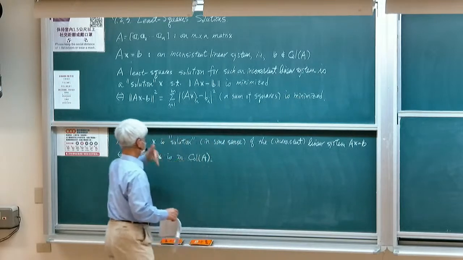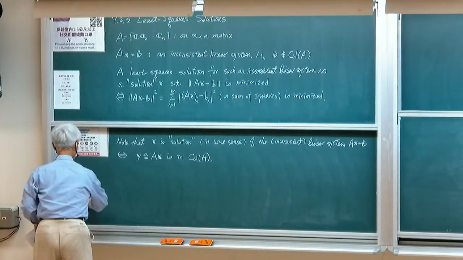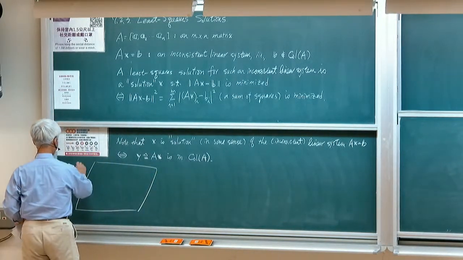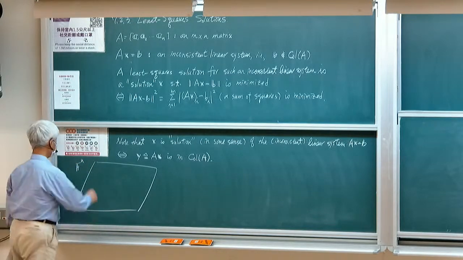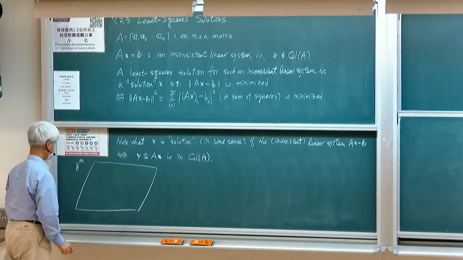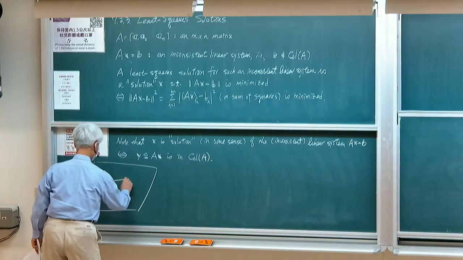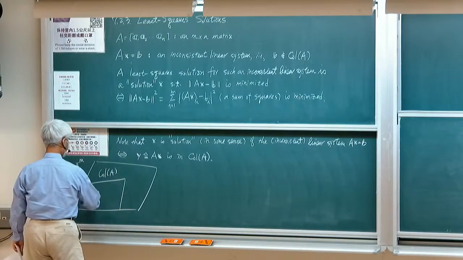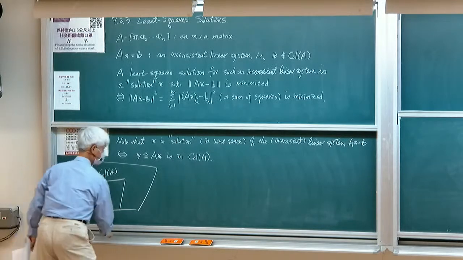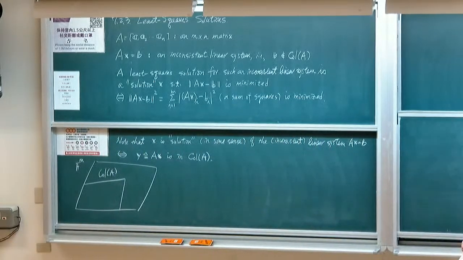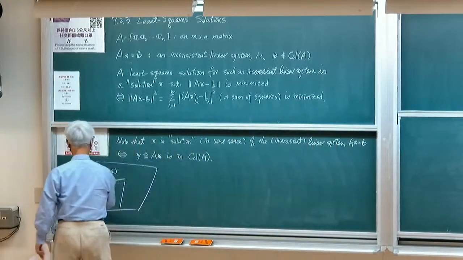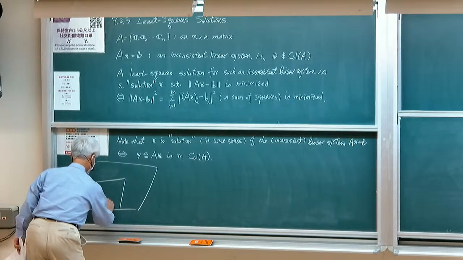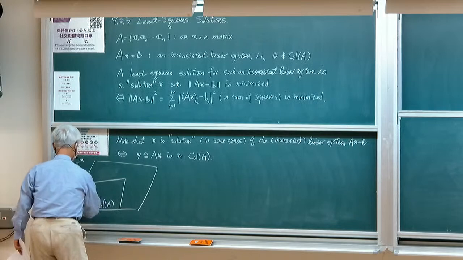So if we draw a diagram, suppose this is our m-dimensional Euclidean space, and we have the column space of A here. The B is not in it.